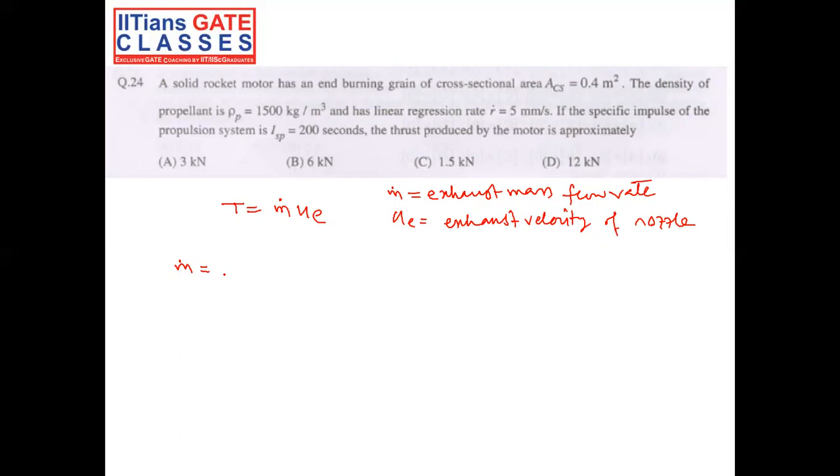So this can be written as the propellant density rho p multiplied by volume of the propellant burnt every second.